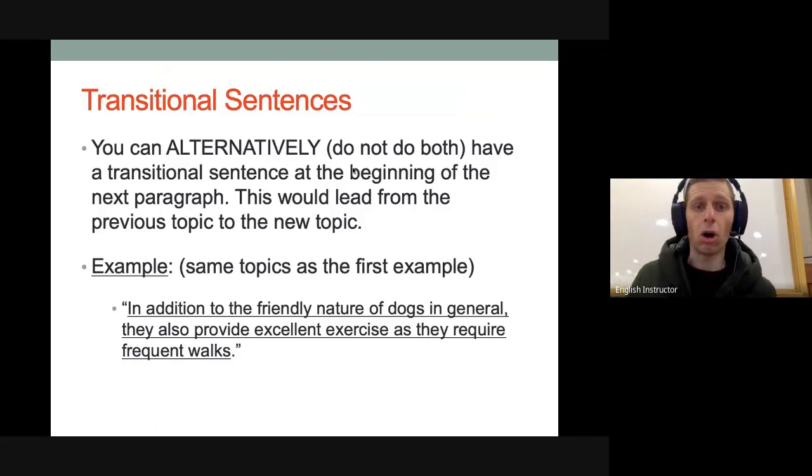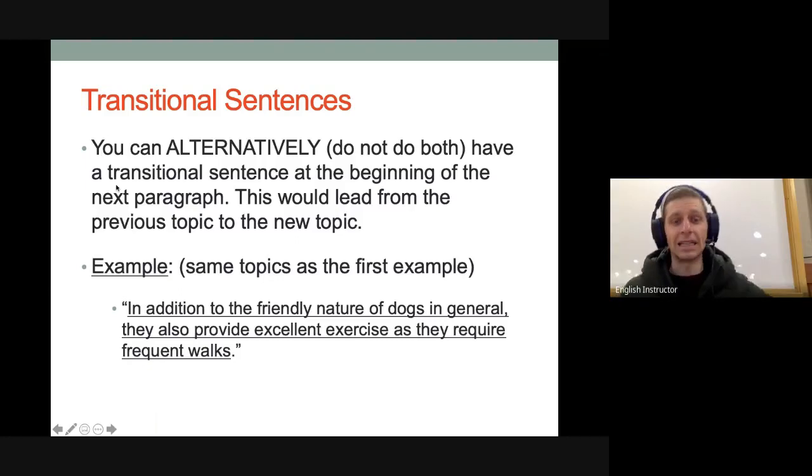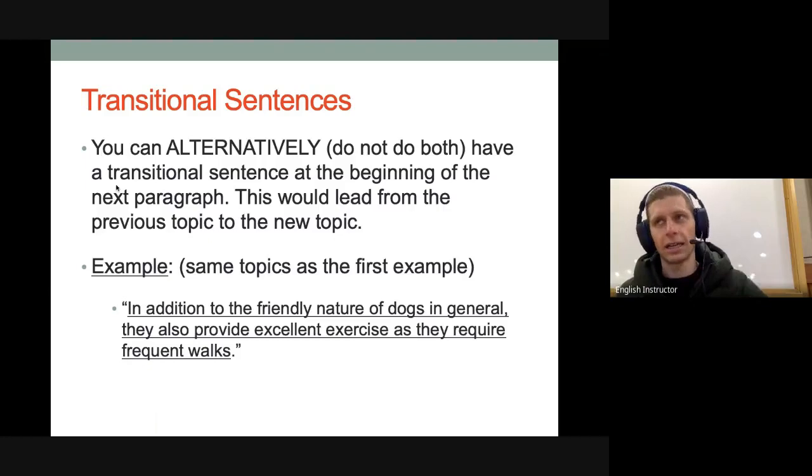But you can also, alternatively, and so don't do both, you can also have a transitional sentence at the beginning of that next paragraph instead. So you don't have to hint at it at the end, but if you don't, you need to start the next paragraph with a sentence that clearly shows we are changing topics, right?